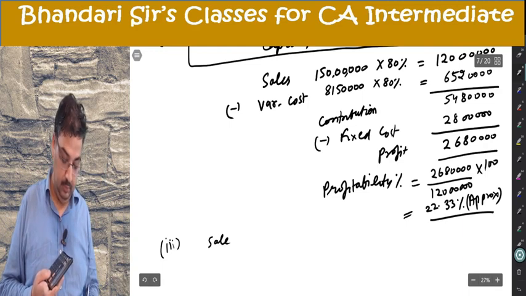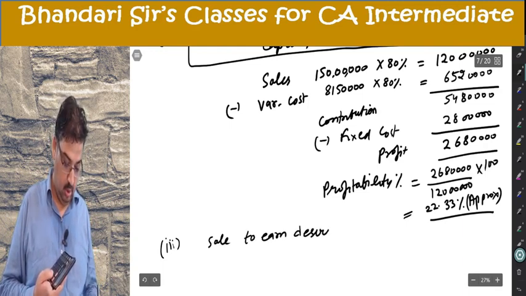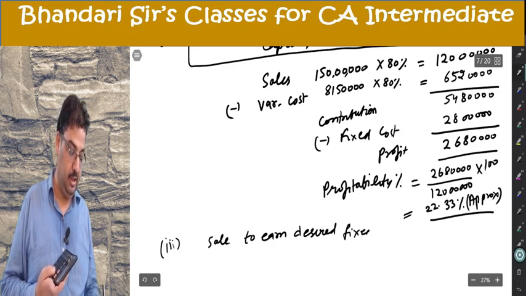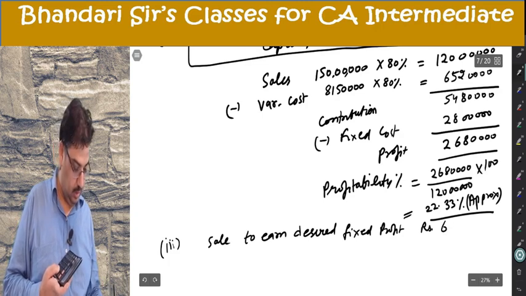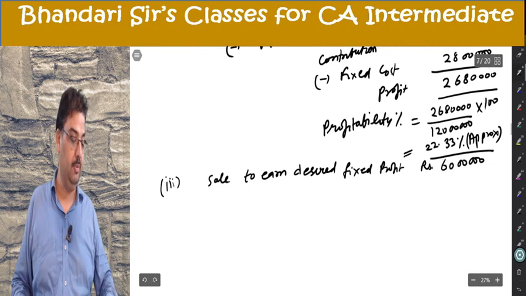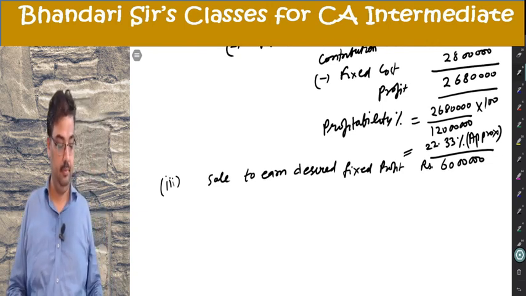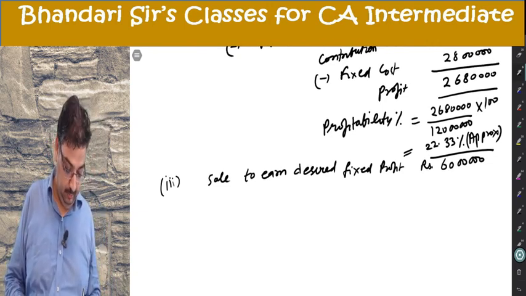Compute sale to earn desired fixed profit 60 lakh. Formula is there.